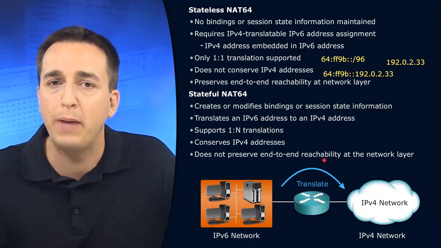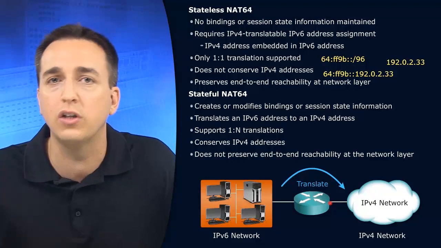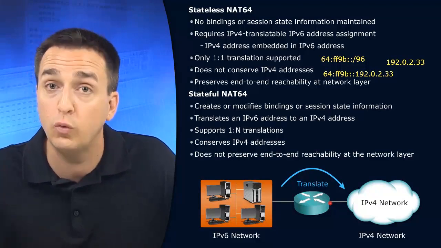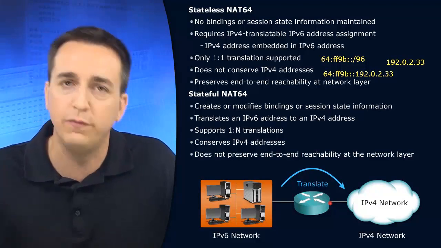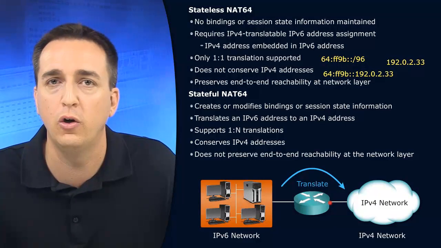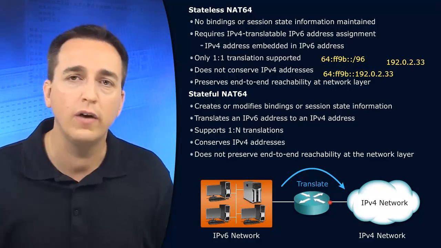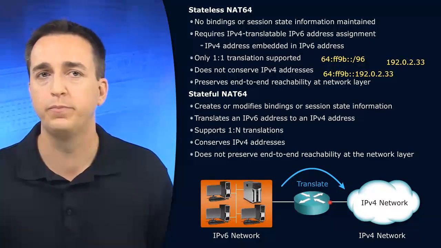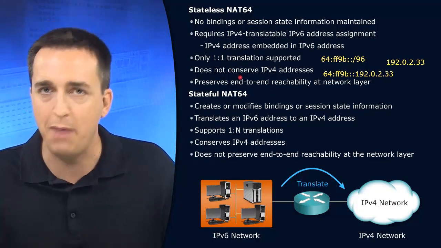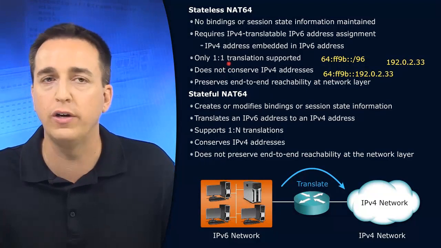So now when I send the packet out this interface, the source is going to be 192.0.2.33 instead of 64:FF9B::192.0.2.33. So it's just making that quick translation, doesn't have to change anything. However, you're not conserving IPv4 addresses here. It's a one-to-one translation.